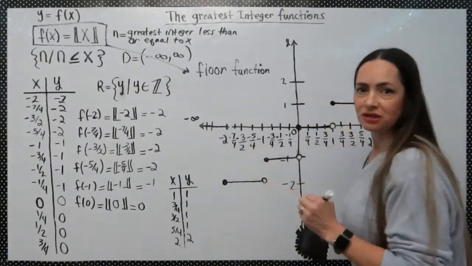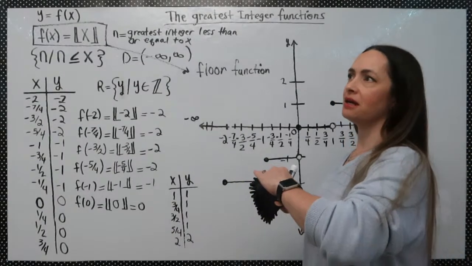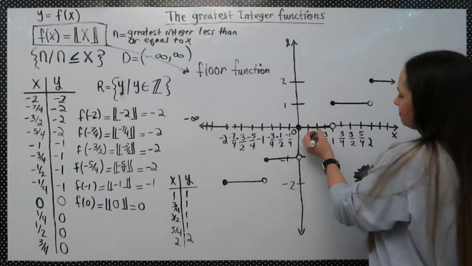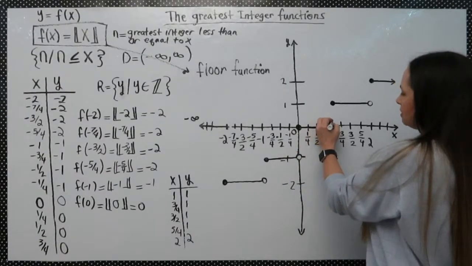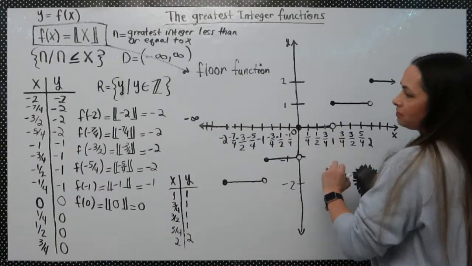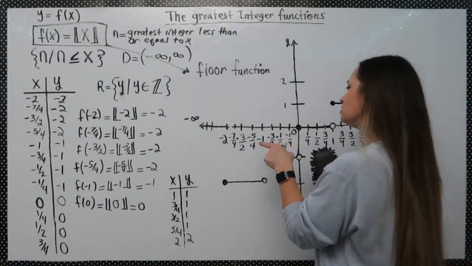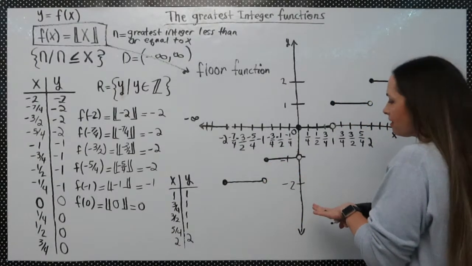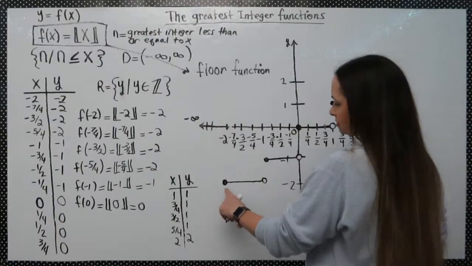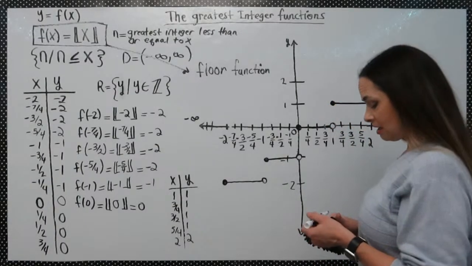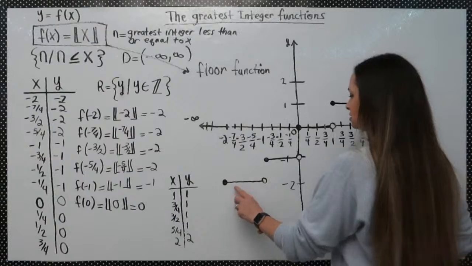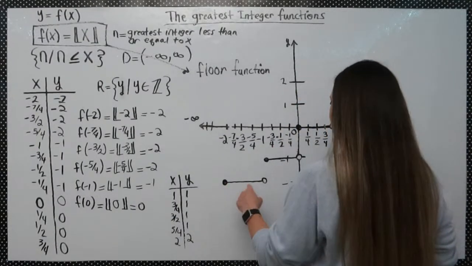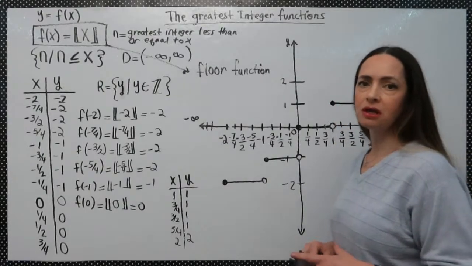The ceiling function is there's a cap, so you're going to be looking at the smallest integer that's greater than or equal to, rather than the largest integer that's less than or equal to. So it's opposite, producing a similar graph. Noting the open circles and closed circles, because when we produce the ceiling function, these two values will be switched. So closed circle signifying we're including the value, and the open circle is signifying that we're not including that value.